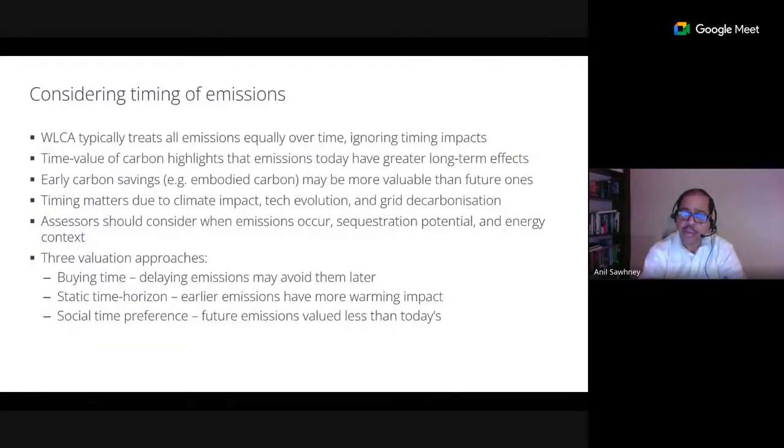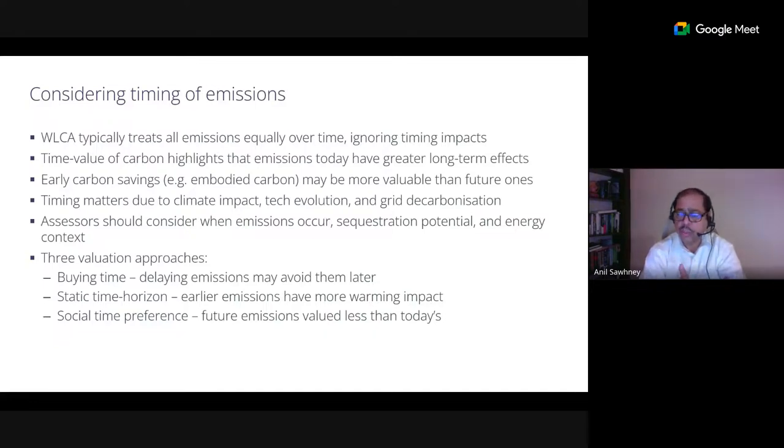But the time value of carbon highlights that emissions today have a greater long-term effect, right? If you release carbon today, it's going to stay in the atmosphere longer. So early carbon savings, for example in embodied carbon, may be more valuable than future ones.